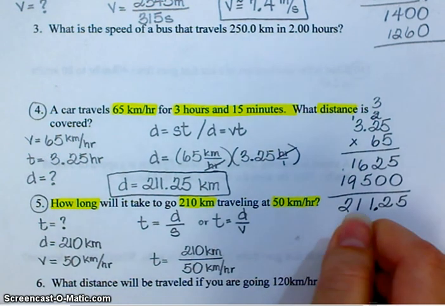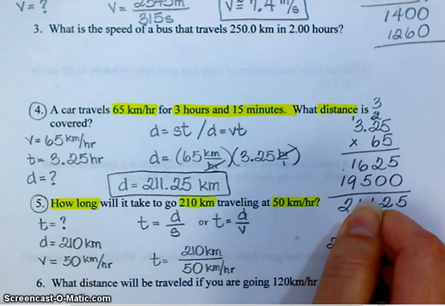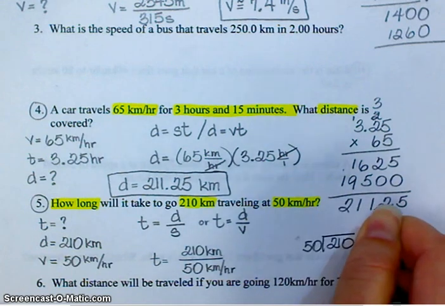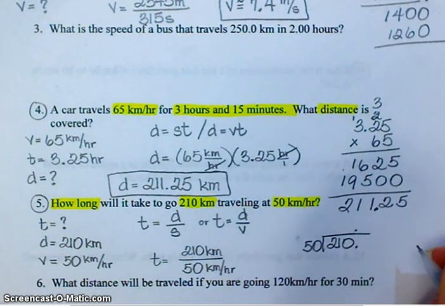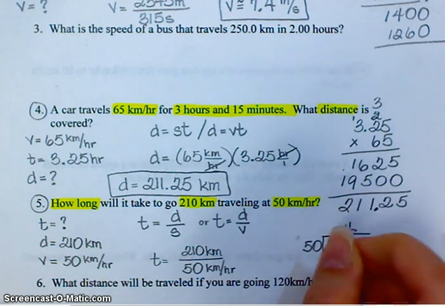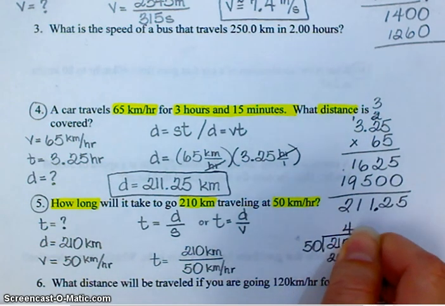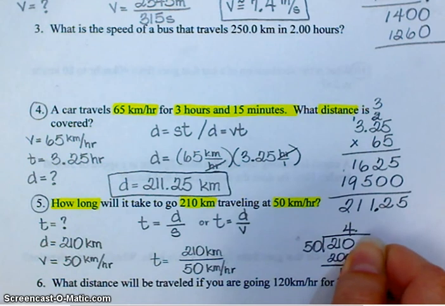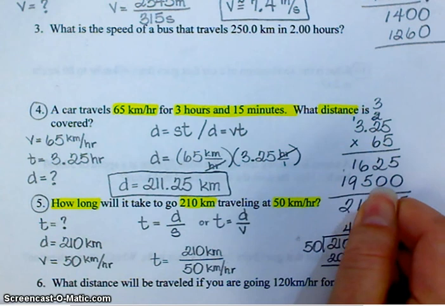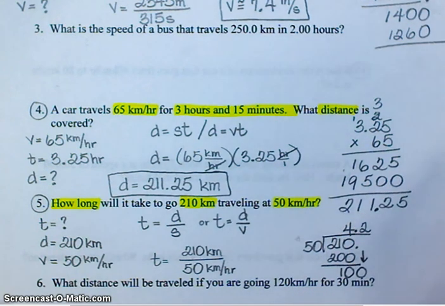Okay. So I'm going to take 210 and divide it by 50. I know that 50 times 4 is going to be 200, so I'll probably start there. 4 times 50 is 200. 10 is left over, bring down a 0, and 50 will go into 100 exactly twice, and I'm done.